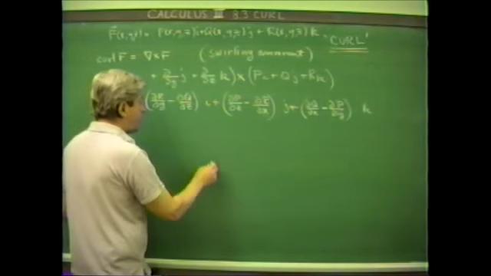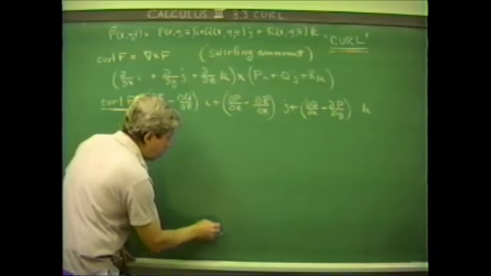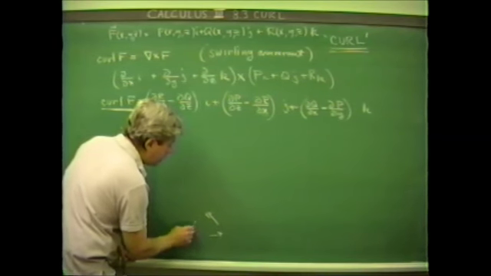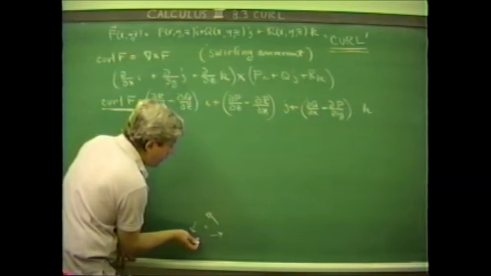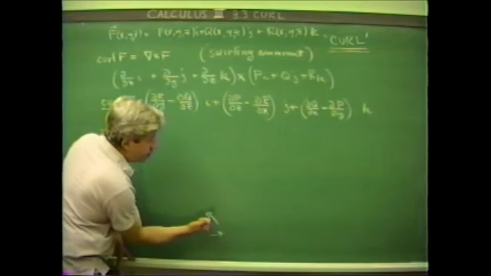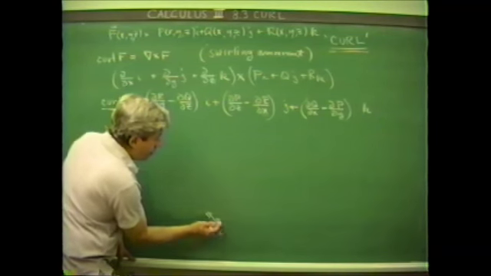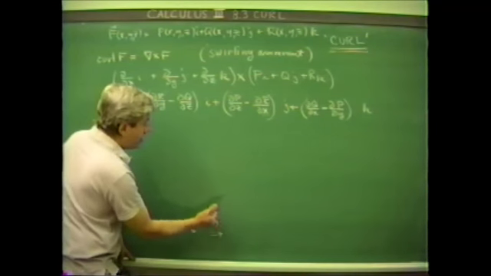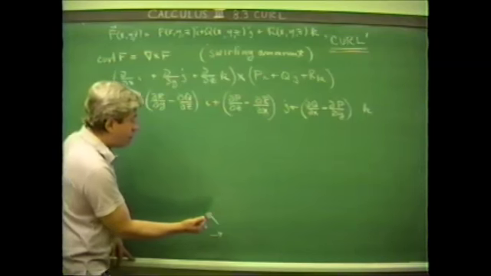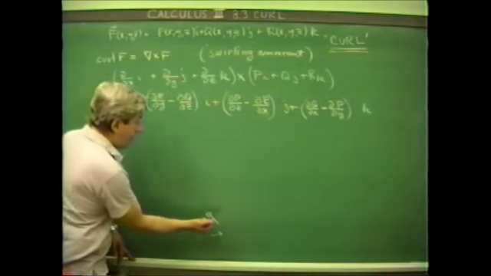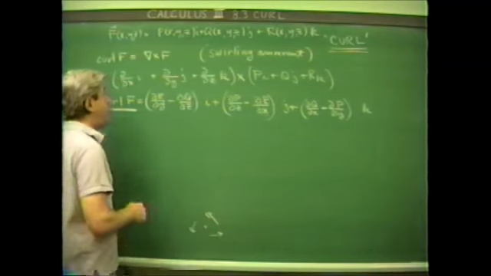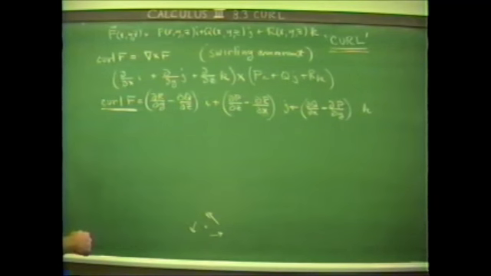That's to say, if the original vector field has a lot of swirling going around this point in the counterclockwise fashion, then the curl is going to be in this direction here. And it's going to point in the direction in which the swirling takes place the most, and the magnitude of it is going to be, so to speak, the amount of swirling that occurs there.